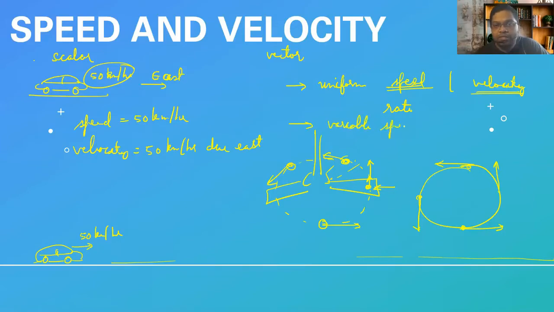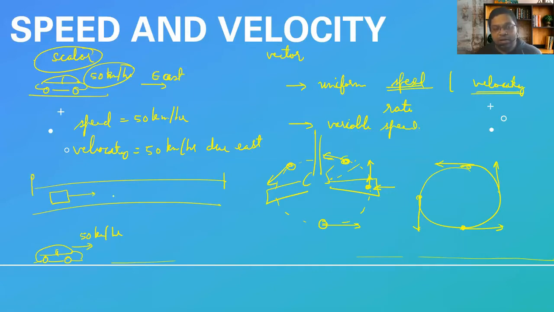Now, what is the meaning of variable speed? When you talk about speed being scalar, we are talking only of magnitude. Take a straight road and a car between one signal and another. Your car has left one signal and it is speeding. However, there is a speed breaker, so the car slows down. There are some potholes, and your car will slow down, and again it will speed up.